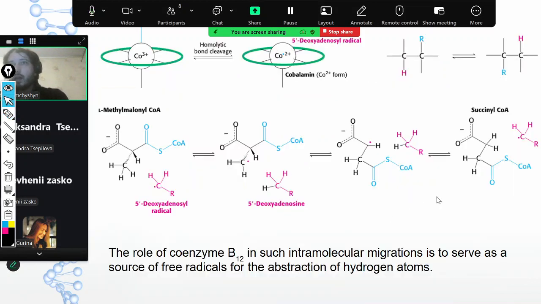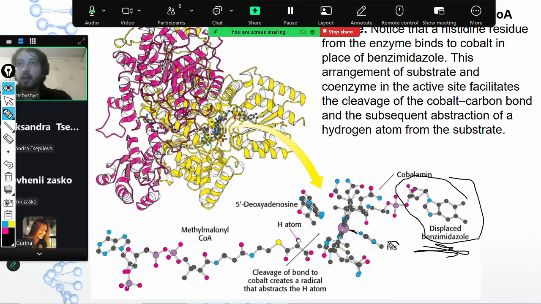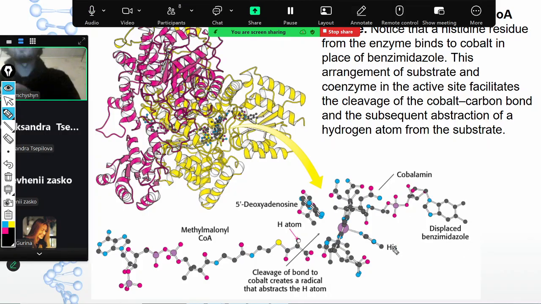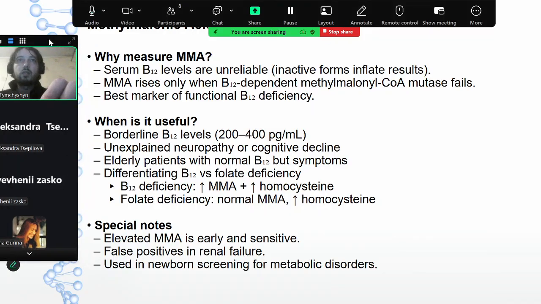In the last slide, that's this part, and now it has lost its connection to the cobalt, so this was previously connected to this thing, but now it's connected to histidine. So I hope you can guess how that looks in 3D. Good.